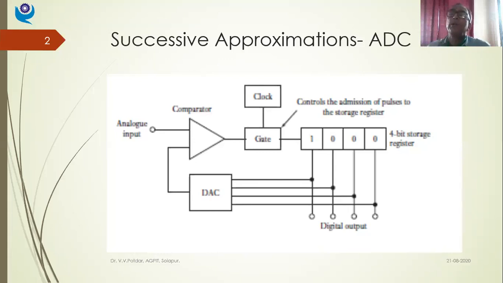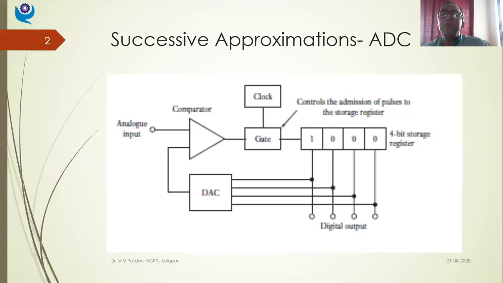So it will not show me the counter slowly increasing. No, because this clocking frequency is so high. It is of the order of microseconds, in some cases nanoseconds. So these iterations take place very fast, and within the blink of an eye I'll get the digital conversion.